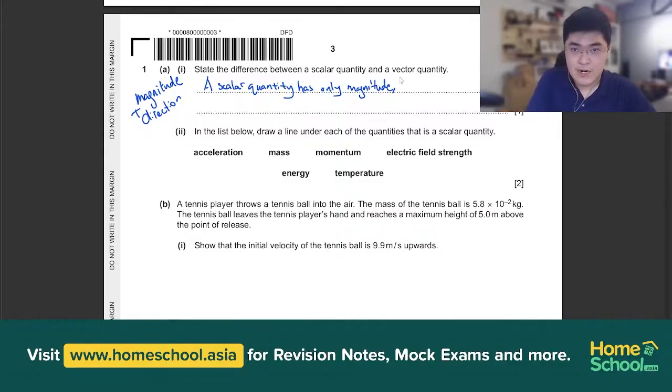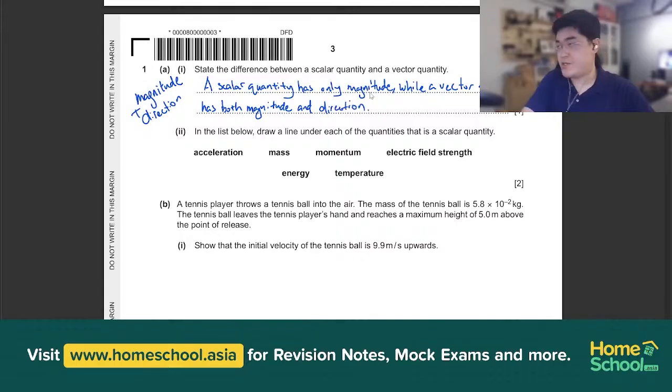While a vector quantity has both magnitude and direction. Pretty easy, just like that, 1 mark right down.